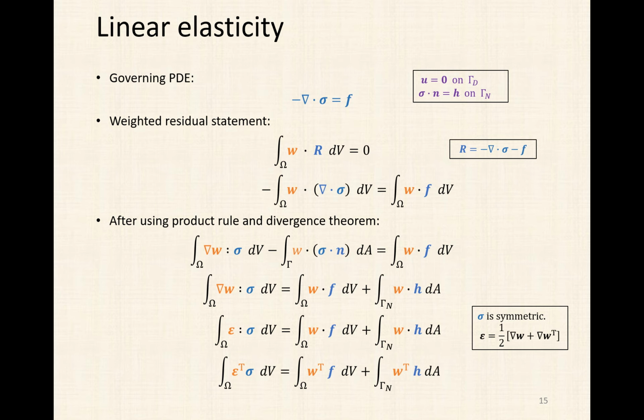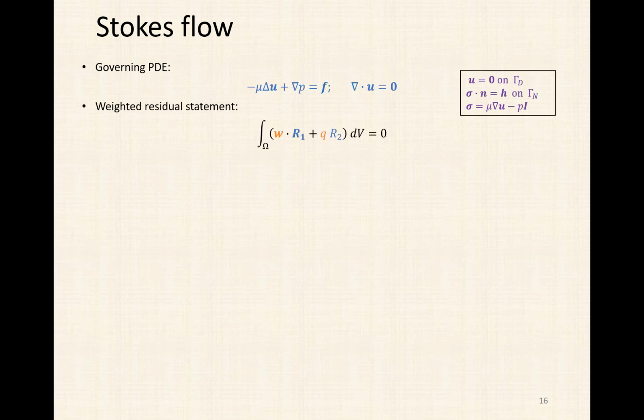Okay. There is also a derivation for Stokes flow. If you want, you can try it on your own. The main difference here is that we have two equations in the Stokes flow. This is the momentum equation. This is the continuity equation, which gives us the incompressibility constraint.